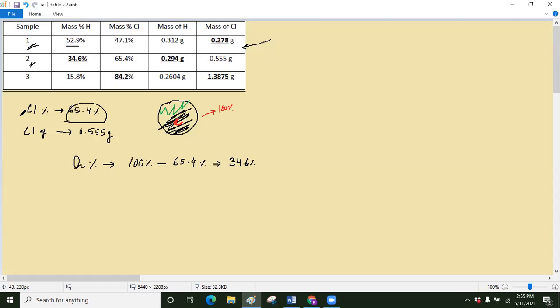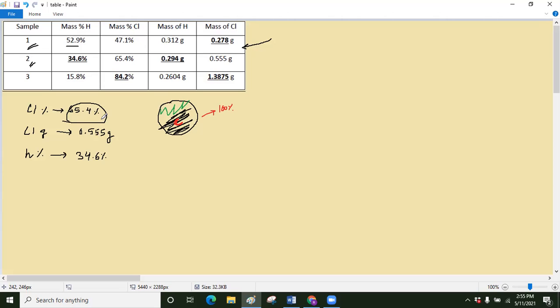So in this case, we know now that hydrogen in terms of its percentage is 34.6%. So it's not controversial anymore as to what the percentage of hydrogen is, but of course we essentially want the corresponding mass for hydrogen.